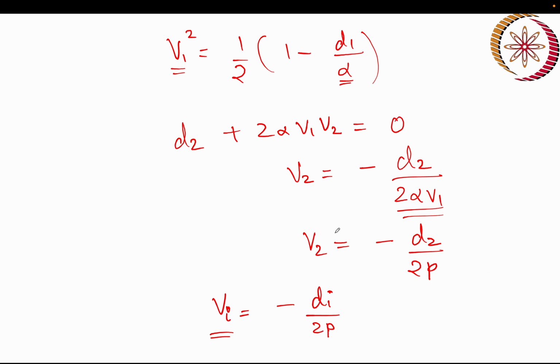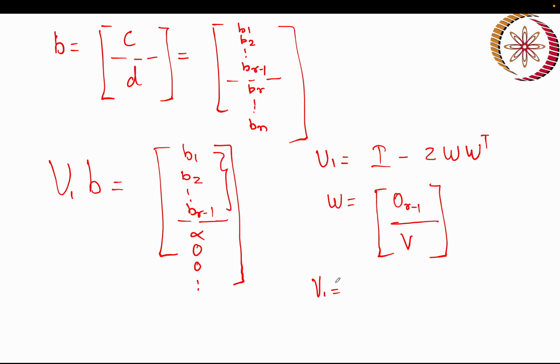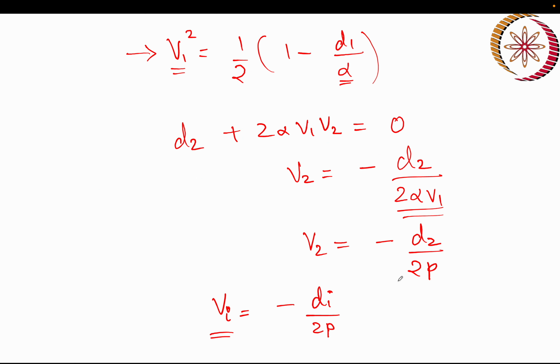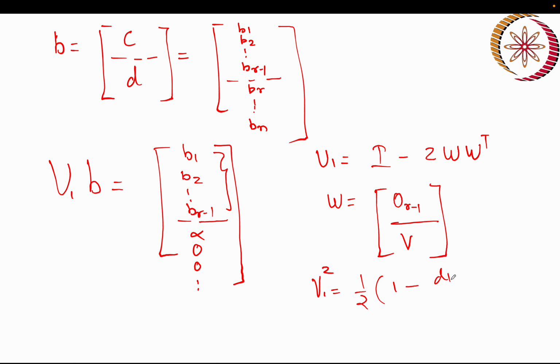Here, v1 square was this one, v1 square is equal to half 1 minus d1 by alpha. Okay, so d1 is what?